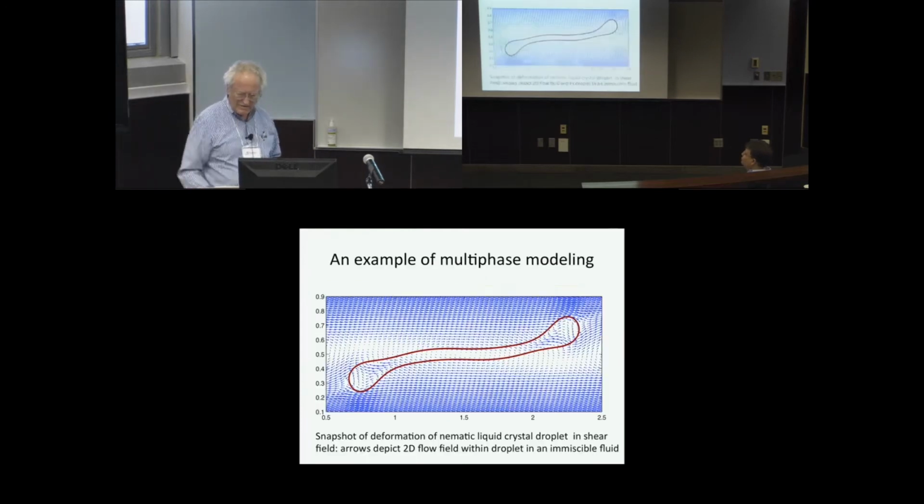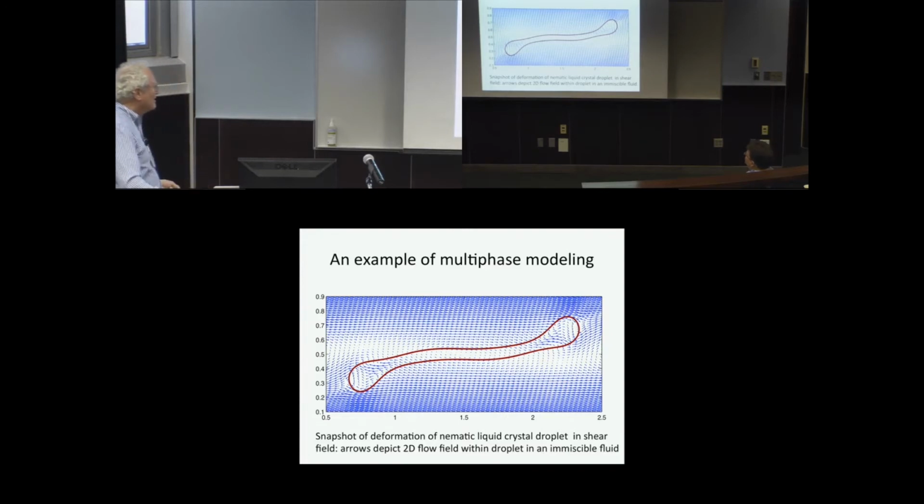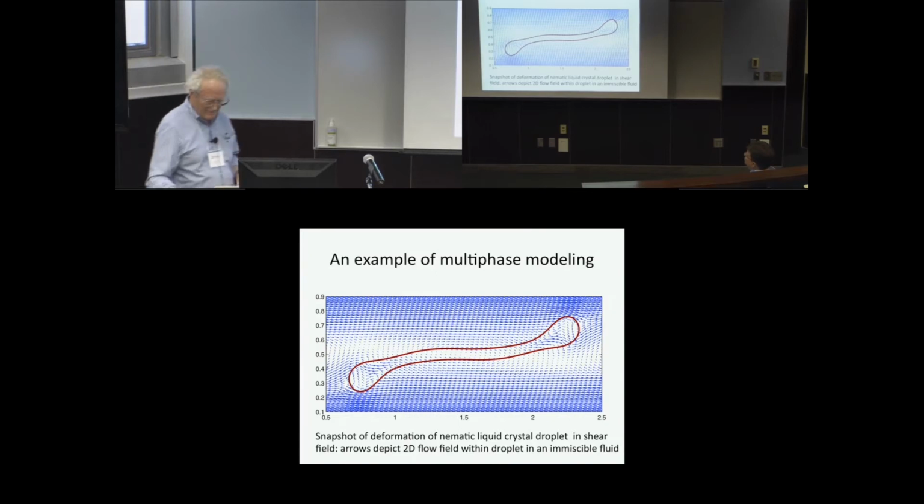And this sort of phase field modeling, this is an example of where it's been used. If you start with a nematic phase, a nematic liquid crystal as a sphere, and you place it in a flow field, then what you can predict is the distortion of the nematic phase and also the flows that exist within that phase.